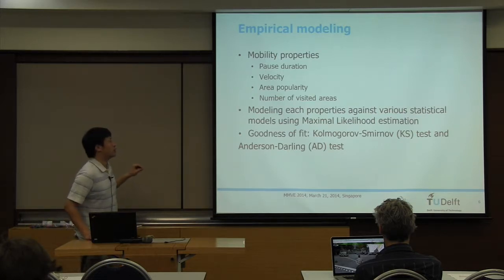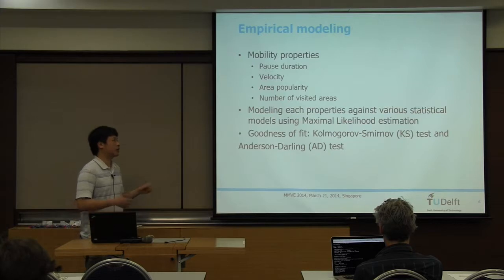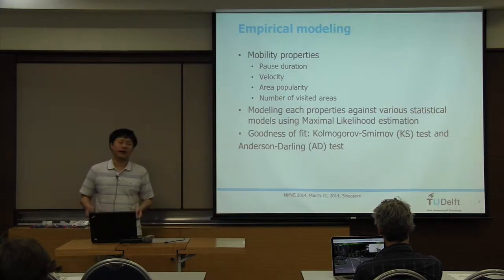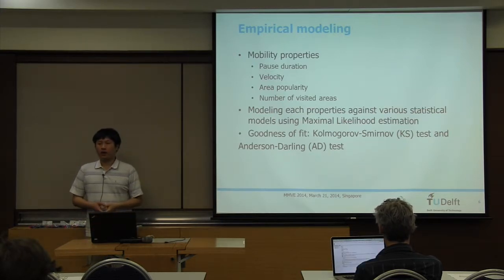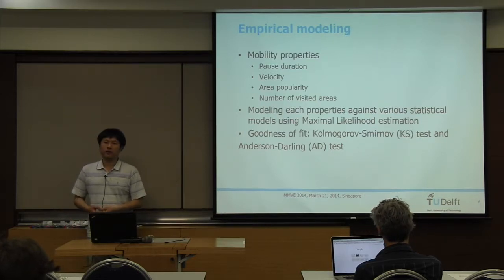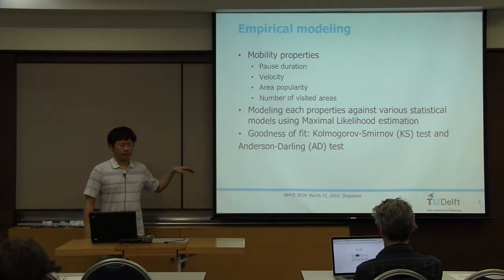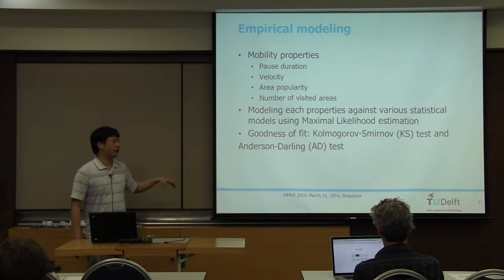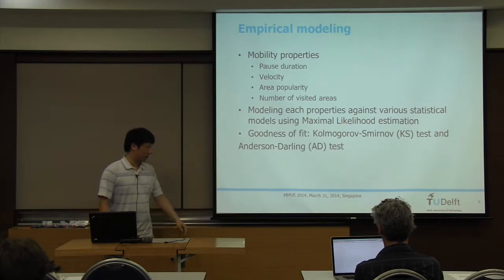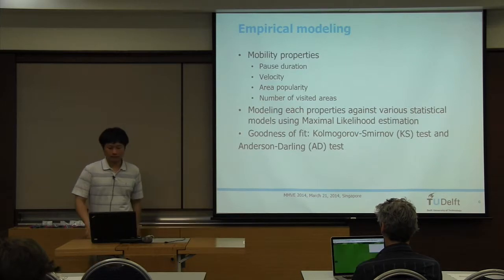We model each property separately against different statistical models using maximum likelihood estimation, and after getting the parameters for the different statistics, we evaluate the goodness of fit using two statistical test measures.